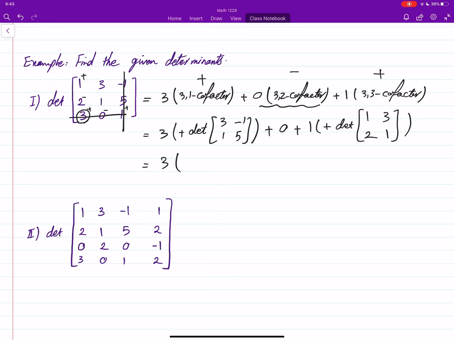So this is 3 times 15 minus negative 1 plus 0 plus 1 times 1 minus 6, which gives us what? 3 times, this is 16, yes, times 3, this is 48, minus 5, this is 43. Yeah. So that's the determinant. By expanding along the third row, we had easier computations.